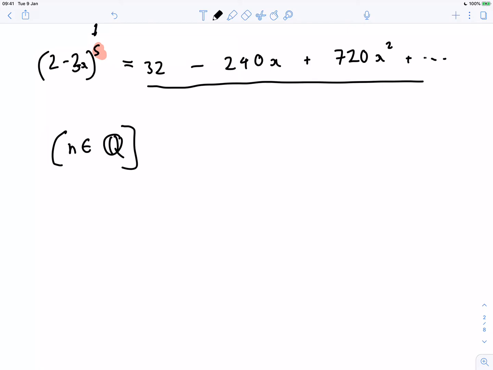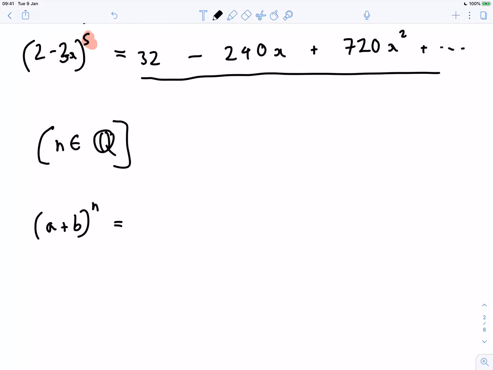Let's say I've got a plus b, and I don't particularly care what the power is. Let's go off in the way that we normally would have, i.e., n choose 0, and then I've picked no b's.